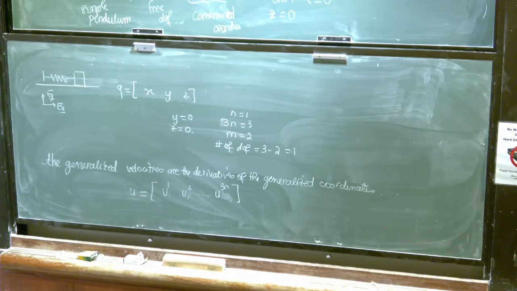So i goes from 1 to 3n, the number of q_i and u_i. So I have 3n equations. Let's look at an example.